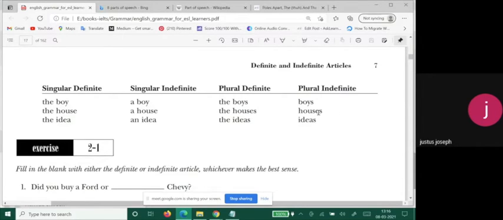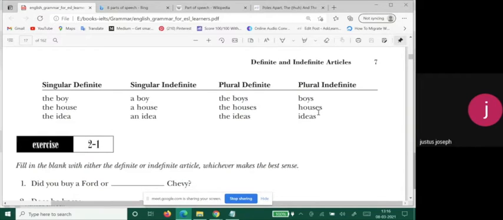Does it make sense? No. A boy will become boys, right? A house will become houses. An idea will become ideas. And the idea becomes the ideas. Okay, that is one simple change or difference.